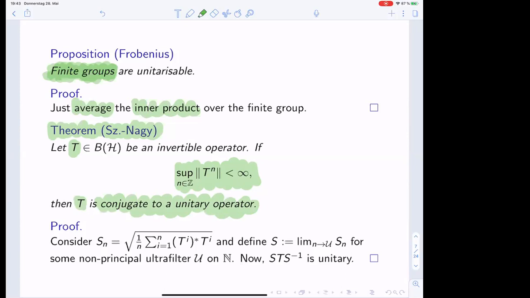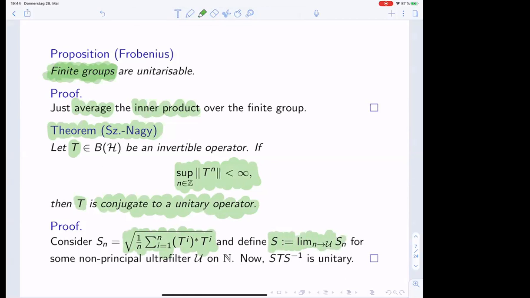And what's the proof? The proof is not very complicated. You consider averages of your operator in the following sense, and then you define a limit in, let's say, the weak operator topology that will again be a bounded operator.